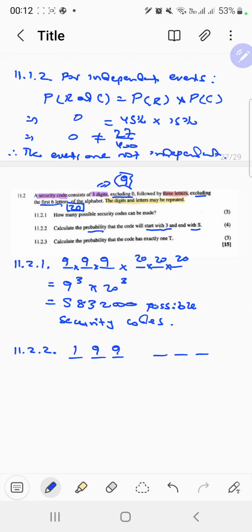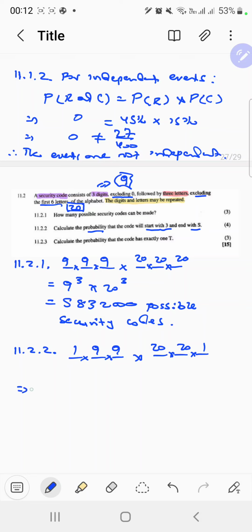Then we want just one S as well, and the S must be at the end. We only have 1 option over there. And the rest can be repeated, so this is 20 options, 20 options. We're multiplying.